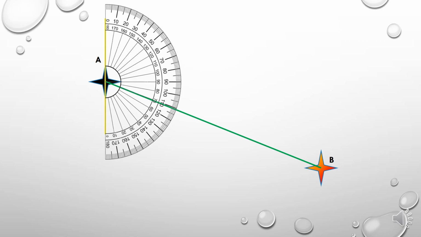Ensure that the black line along the base of the protractor is properly aligned with the vertical line drawn through point A, and the center of the protractor, which is right here, is also on the from point.